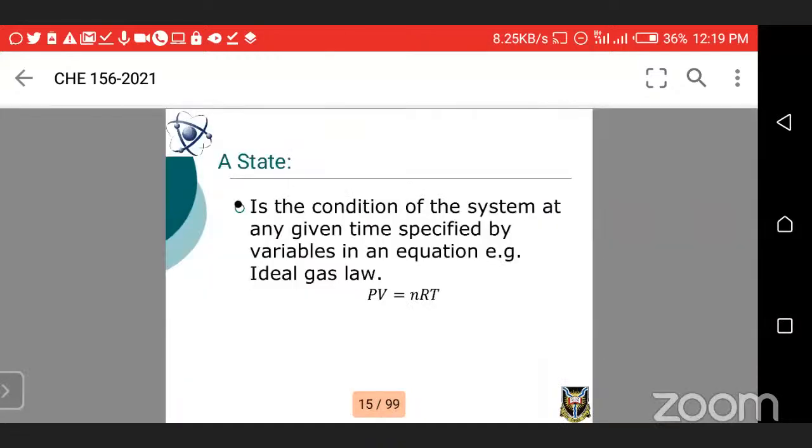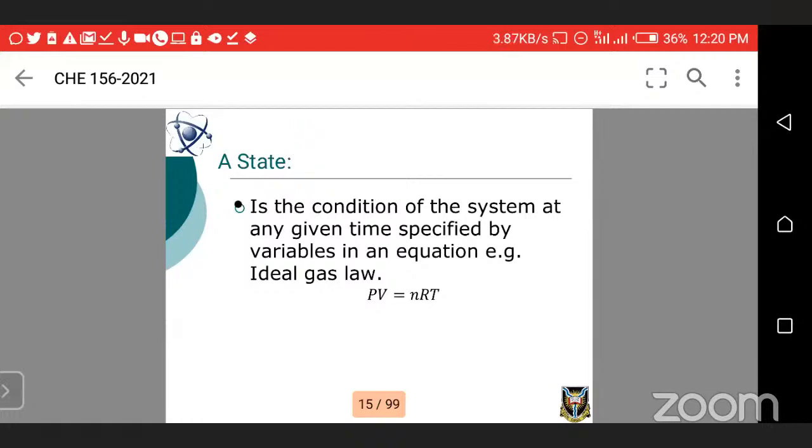Let's move ahead. When we are talking about a state in chemistry, you are talking about the condition of the system at any given specified time, and they are specified by some variables.